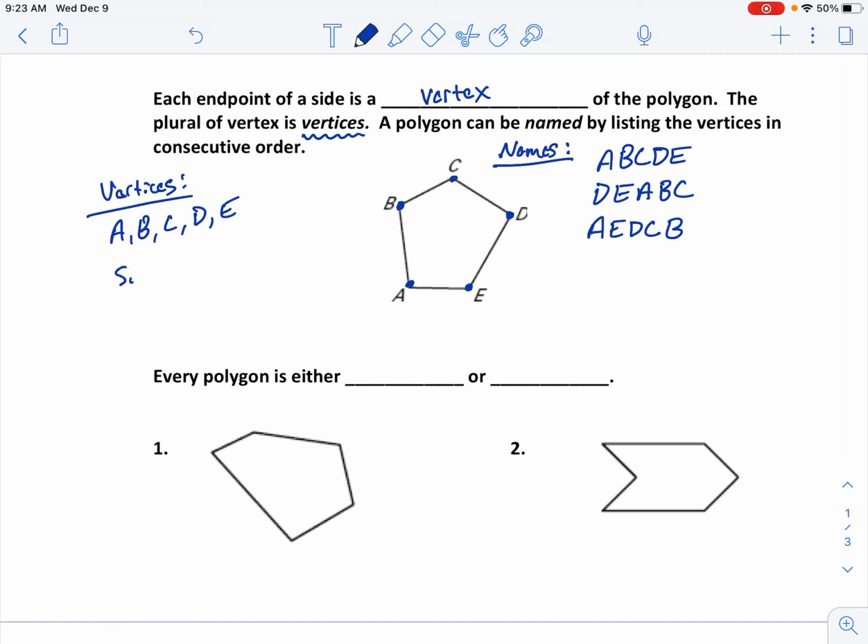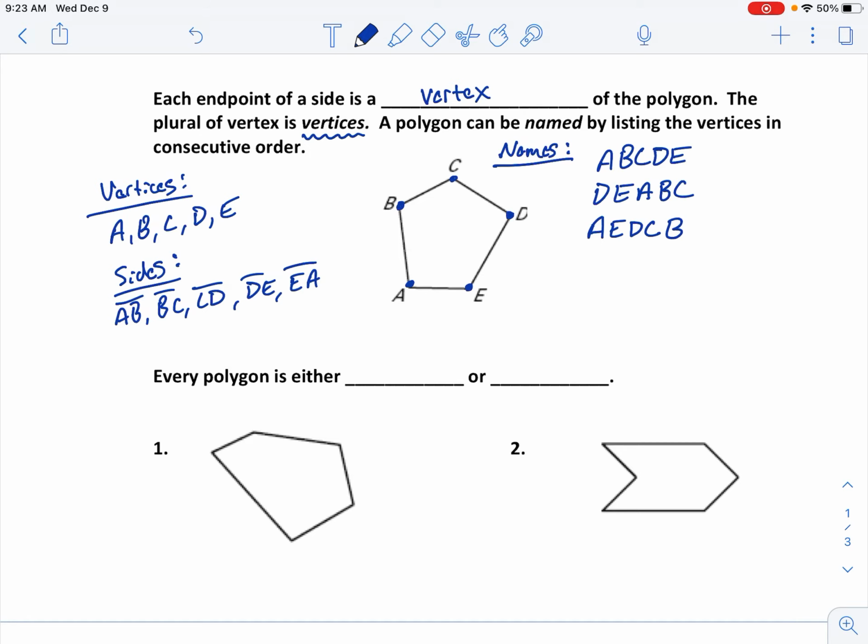And then the last thing is sides, just making sure we know the parts of a polygon. We have 5 different sides in this one. We have line segment AB. Remember, these are segments. We have BC, we have CD, we have DE, and our last one, EA. And again, I can switch those, like AB could be called BA, et cetera, but just making sure we know the different parts of a polygon.